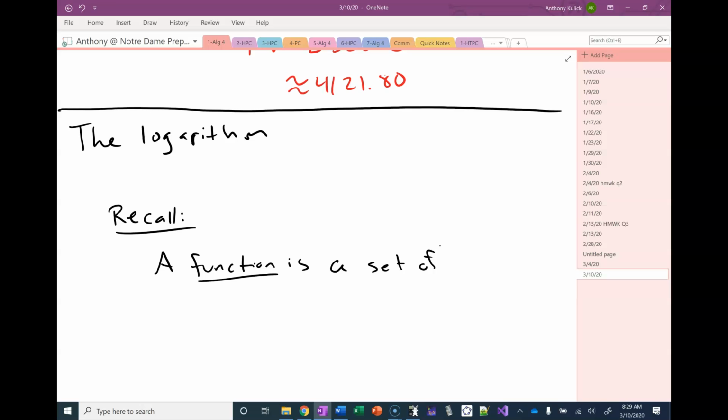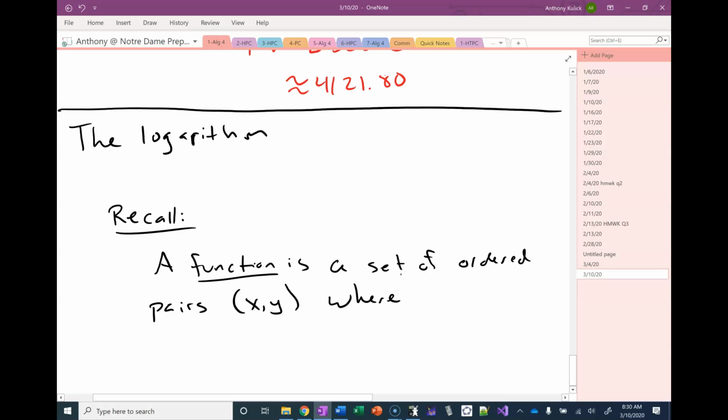It's a set of ordered pairs. So x's and y's that have what property? Only one x equals one y, right? Every x pairs with exactly one y.